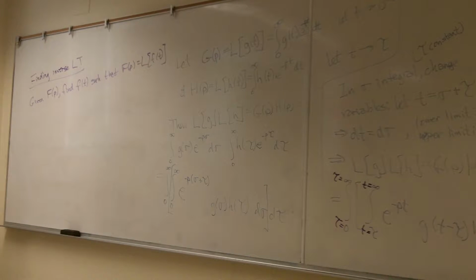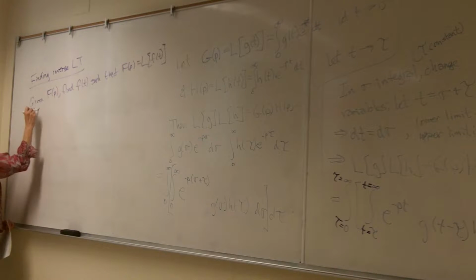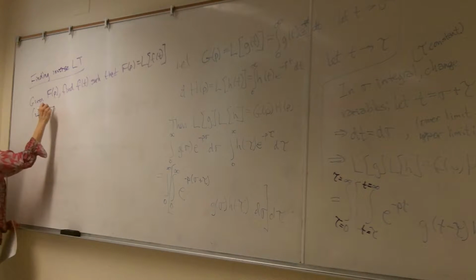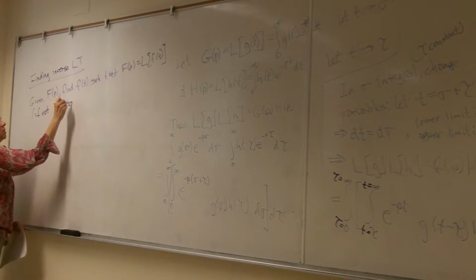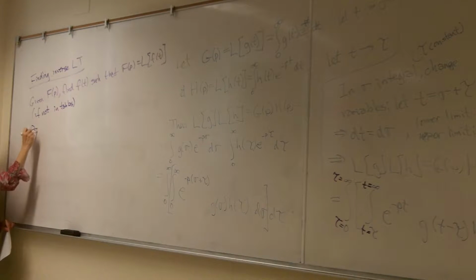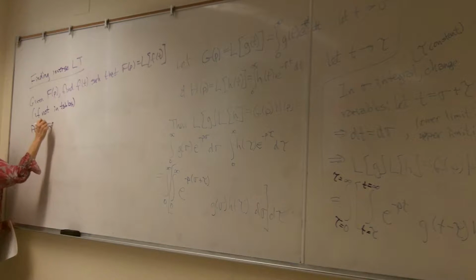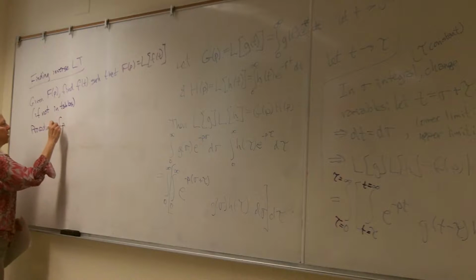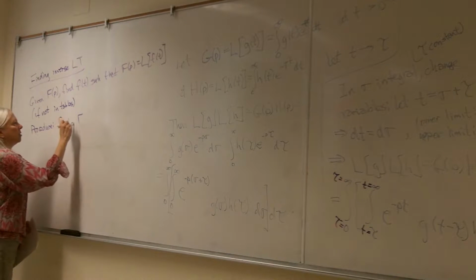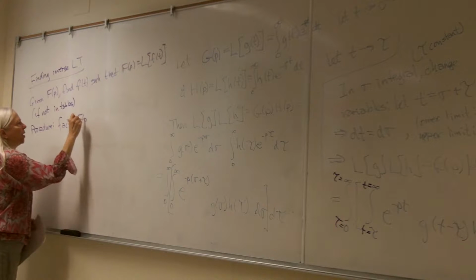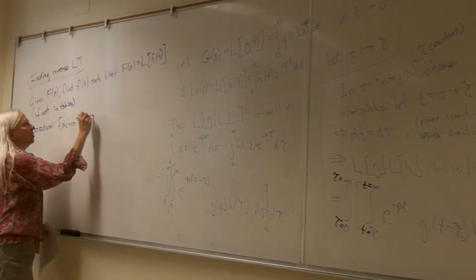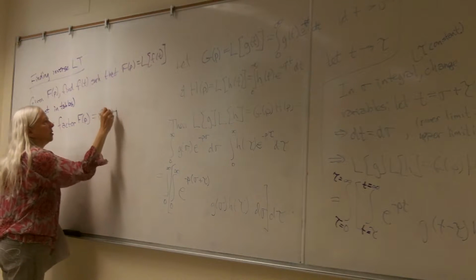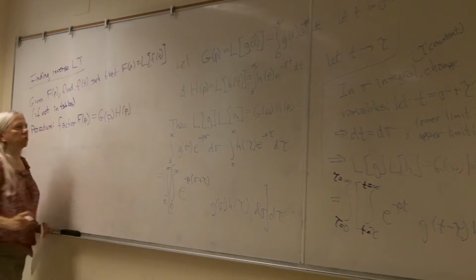Well, it turns out the convolution theorem gives us a way of doing that, if we can't find this in the tables. So here's our procedure. And then we'll look at an example of this. You want to factor your function capital F of p that you're given into two other functions of p.